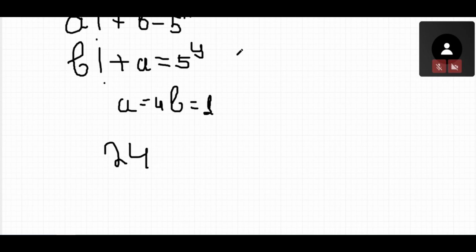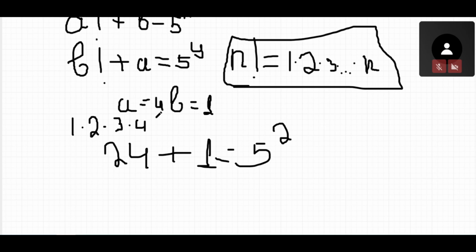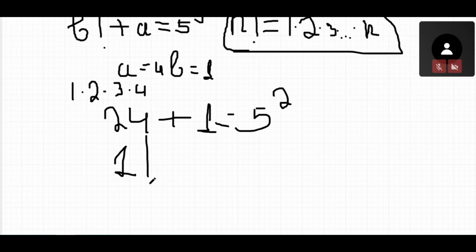If you don't know the meaning of factorial, n factorial is 1 multiplied by 2 multiplied by 3, and so on until n. Okay, 4 factorial is 1 times 2 times 3 times 4, which makes 24. 24 plus 1 is a power of 5: it is 5 squared. And the other part, 1 factorial plus 4, is also 5, which is 5 to the power of 1.